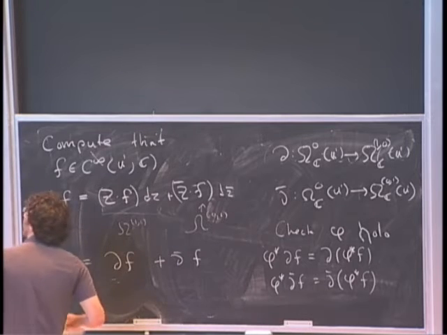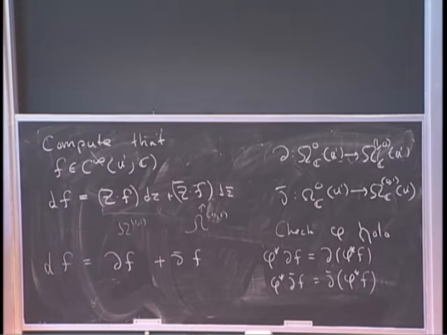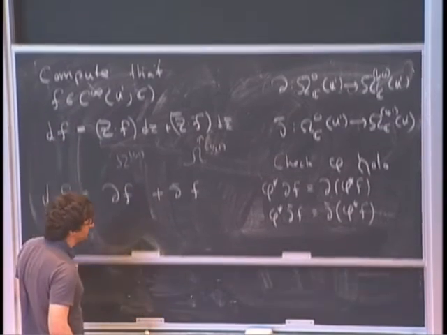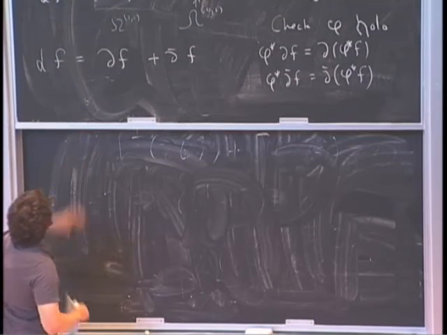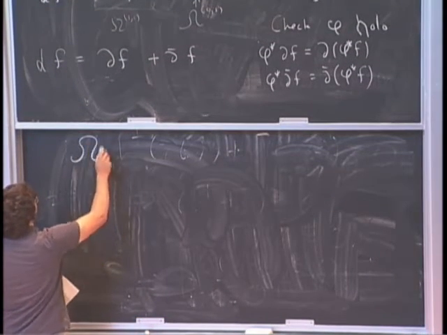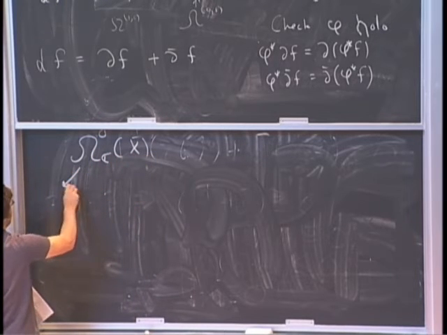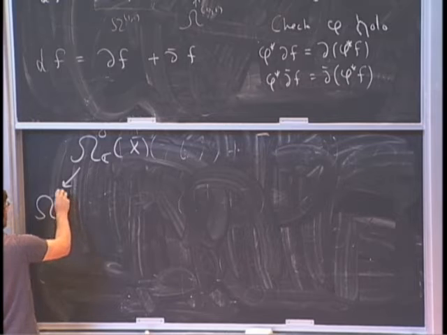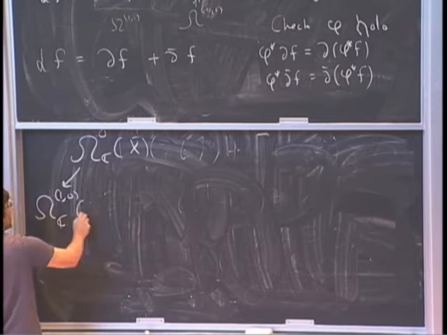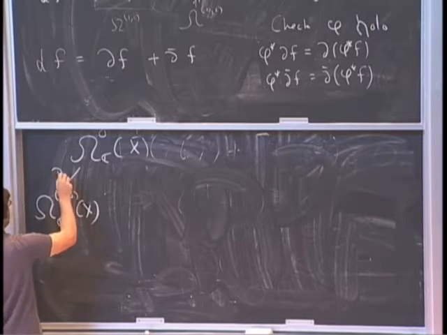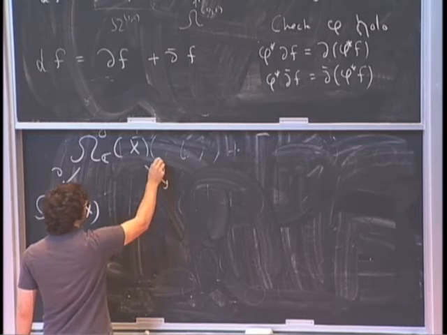But that means that on a Riemann surface, we get this picture where here are the complex valued 0 forms on X. Then we have, and you've seen this already, but repetition is good, this is the del, and this is the del bar.